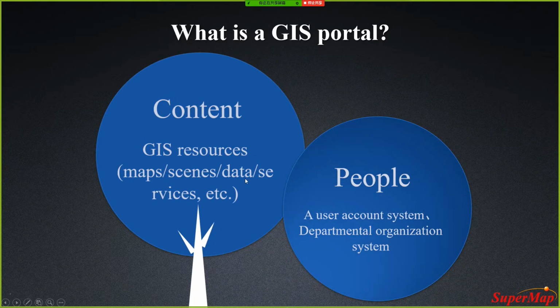In terms of the content, it includes various GIS resources, including maps, scenes, data, and surveys, and so on. And in terms of the people, it also has the user account system and the departmental organization system.